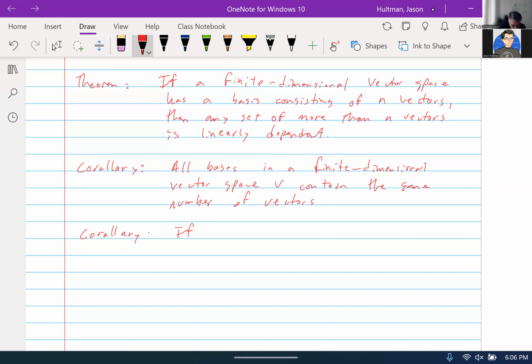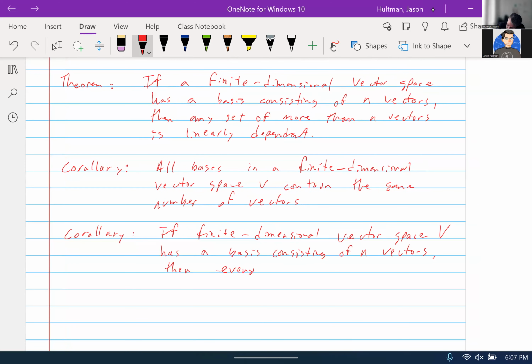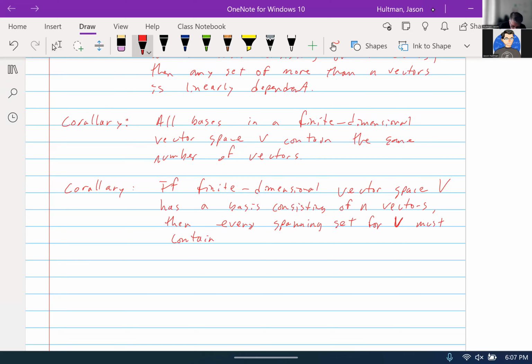If a finite dimensional vector space V has a basis consisting of n vectors, then every spanning set for V must contain at least n vectors.